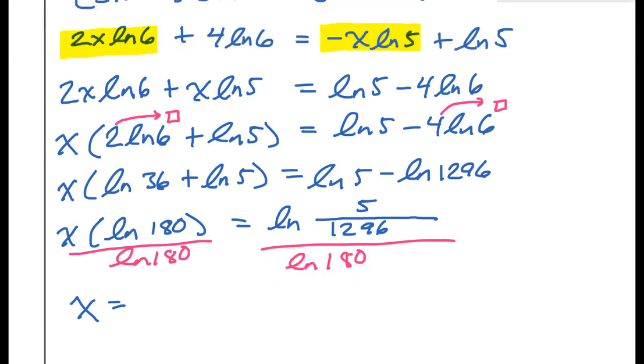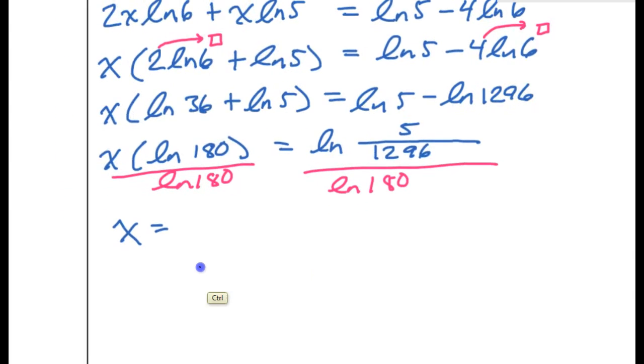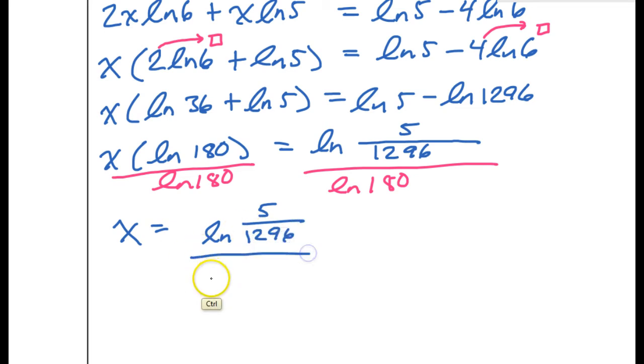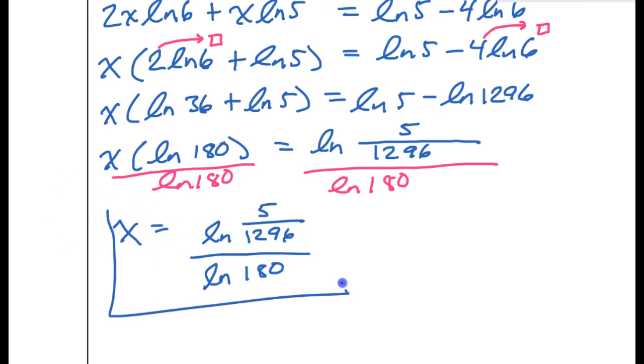And this will be the final answer if you don't have a scientific calculator. So x equals the natural log of 5 over 1296 over the natural log of 180. So without a scientific calculator, this is the answer.